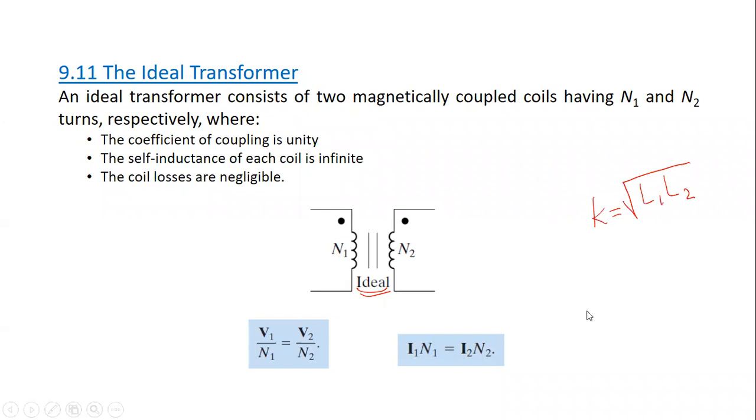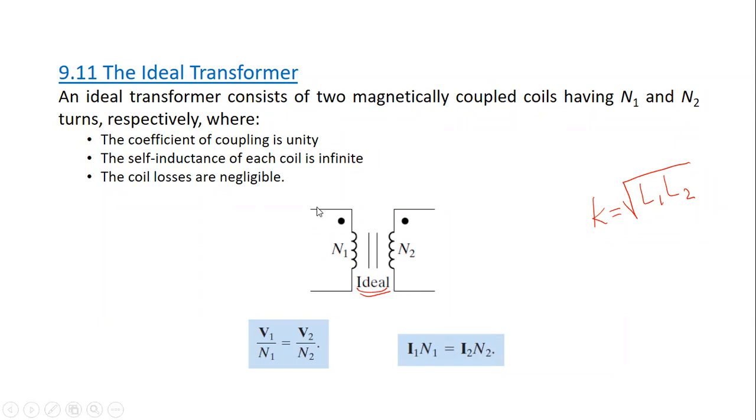That means all the magnetic field lines from the first coil are intersecting the second coil, and all the magnetic field lines from the second coil are intersecting the first coil. So this is the ideal case. It is not there in nature. It's very hard to achieve, or it is impossible to achieve actually.